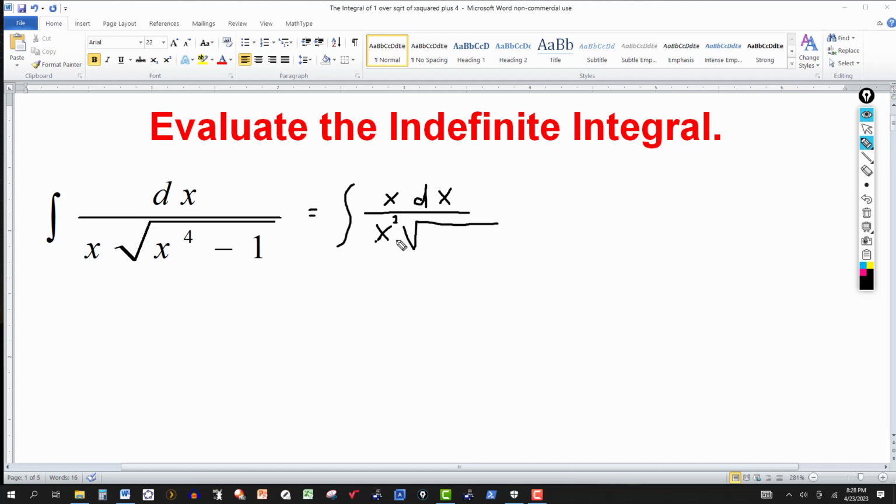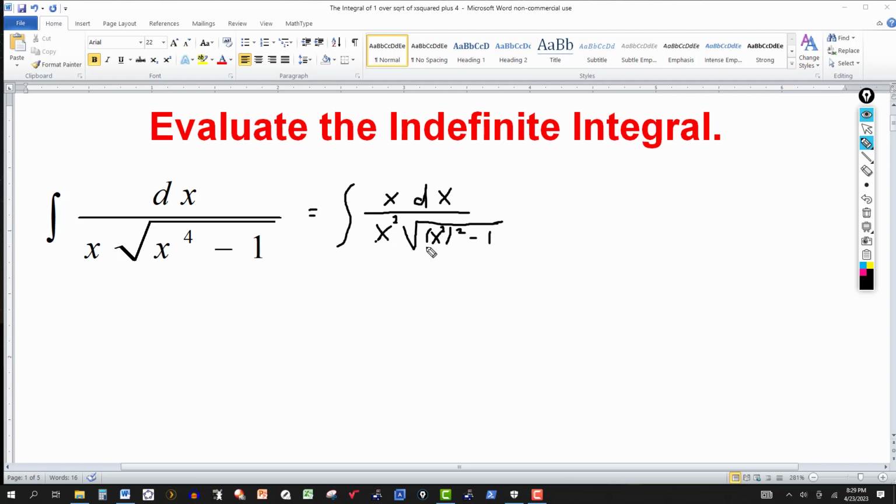Now look at the radicand. Let's rewrite that x to the fourth as x squared, in parentheses, squared, minus 1.